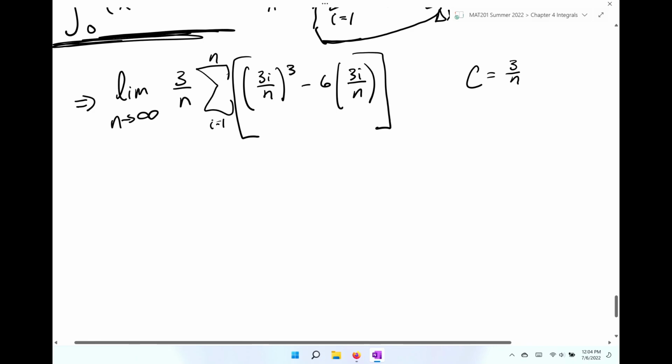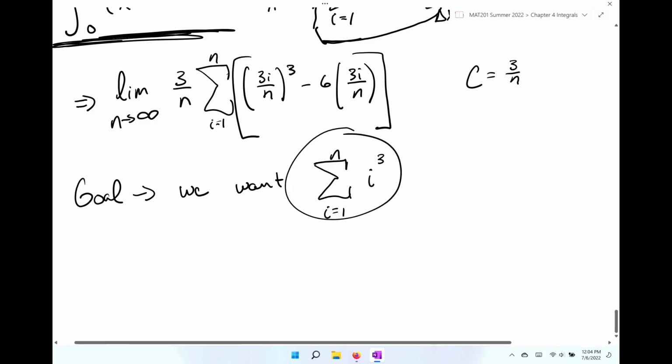Okay, so here's our goal. We want summation symbols with a formula like i or i to the second or i to the third. We want to get things like this.